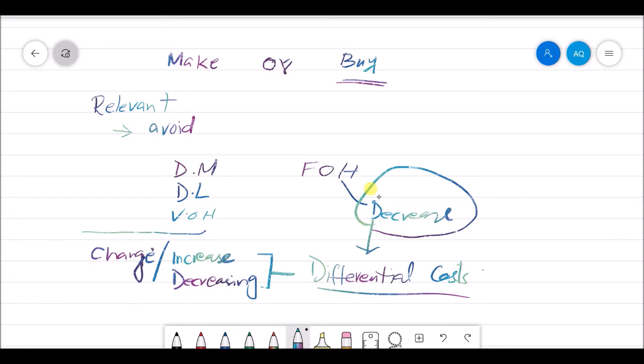And on the other side, what is the irrelevant cost? The cost which remains the same. So whether you make a product or buy a product, you still have to pay that cost. So you don't have to consider that cost in the decision making.